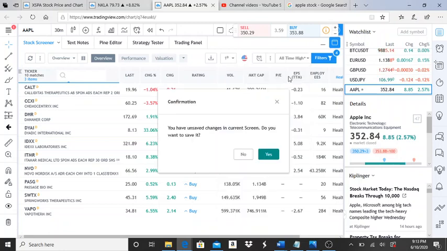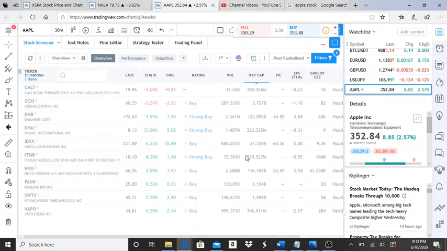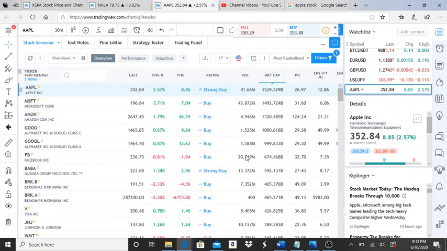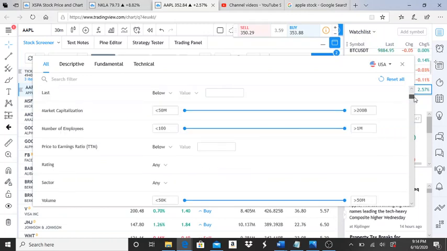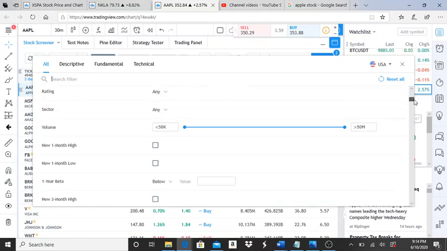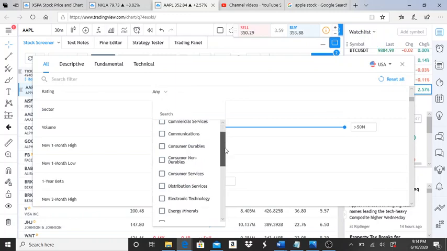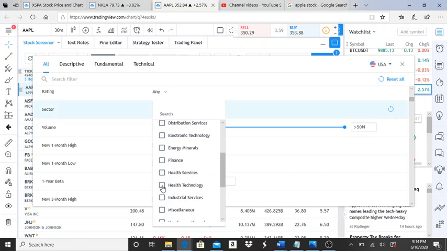But then you can go to the most capitalized ones, and it's going to show you a whole other section, and it changes back to that. But you would have to come back to your filters, and that's this one specifically. It depends on what type of stock screener you're using to narrow it down.